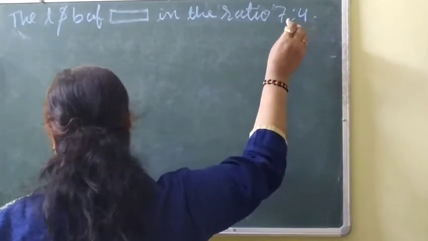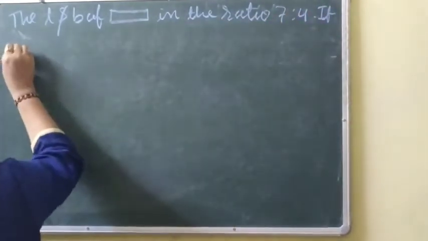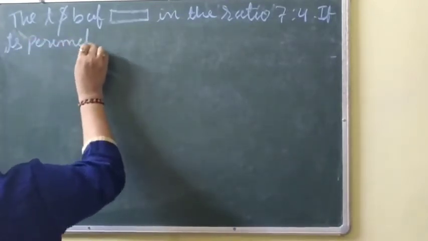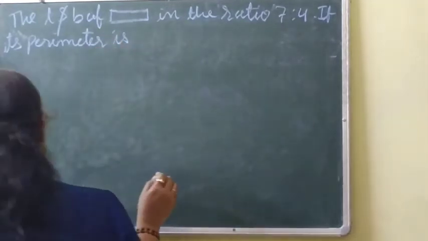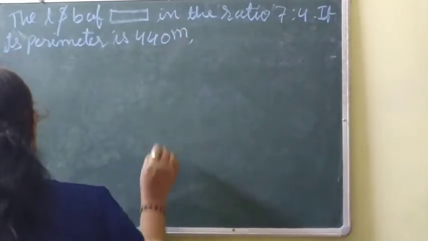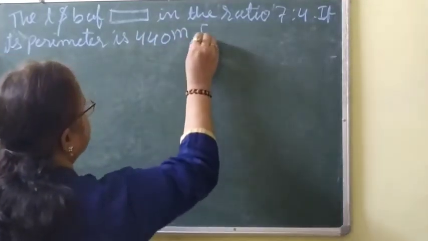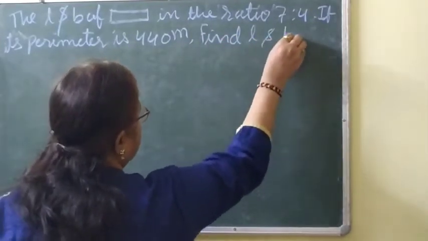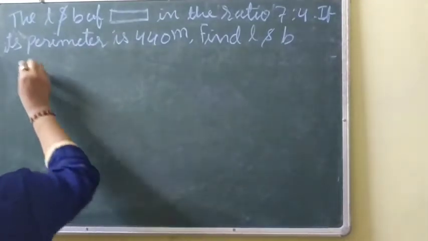Okay. If its perimeter is 440 meter, find its length and breadth. Find length and breadth. Clear? And find the cost.